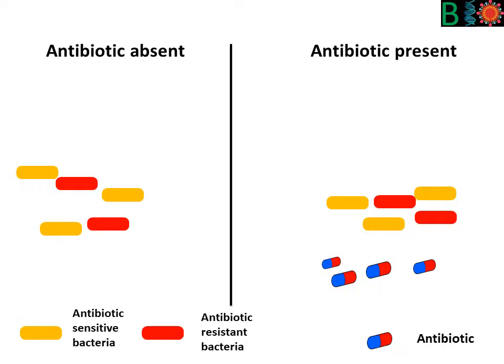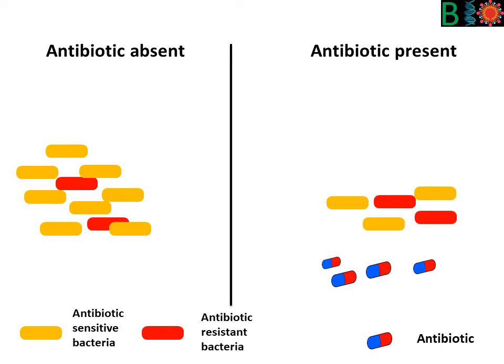Bacteria acquire a number of mutations over time. They retain only those mutations which are of advantage to them. In the absence of antibiotics, antibiotic resistant bacteria have no advantage over antibiotic sensitive bacteria. Thus, over time, the property is lost.